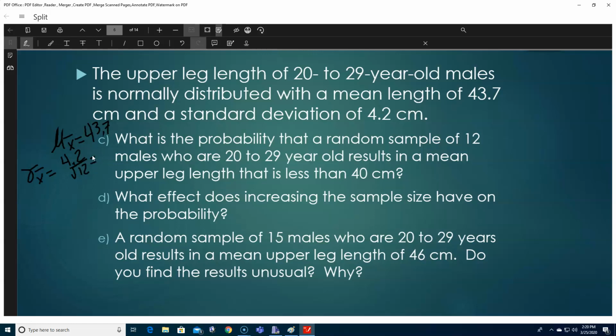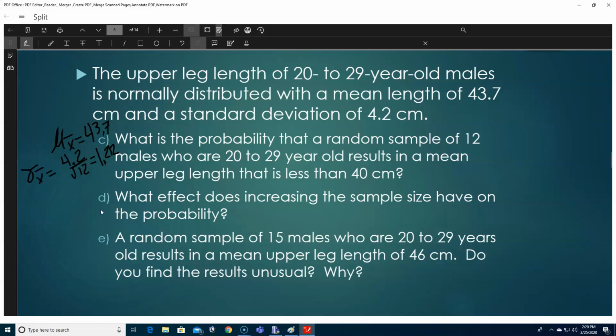So let me use that real quick. 1.212 is our sigma, our standard deviation.